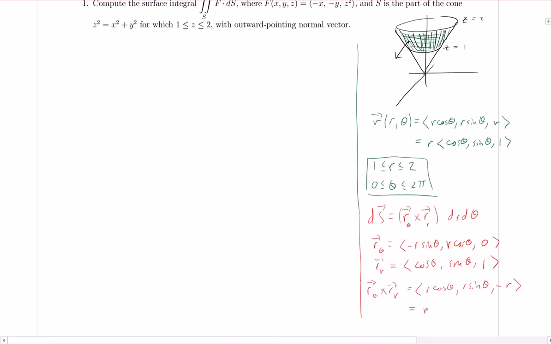And again, if we want to factor out the r, this is cosine theta, sine theta, minus 1. So that's what we want. Remember, to have that normal vector pointing outward, we need the z coordinate to be negative, which it turns out to be in this case, so we're in good shape.